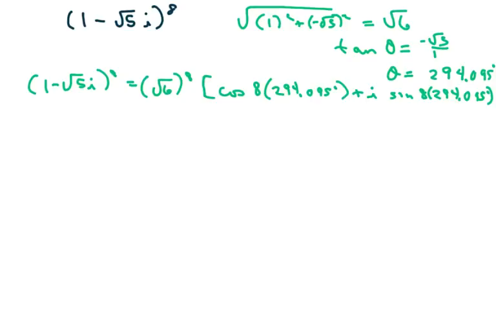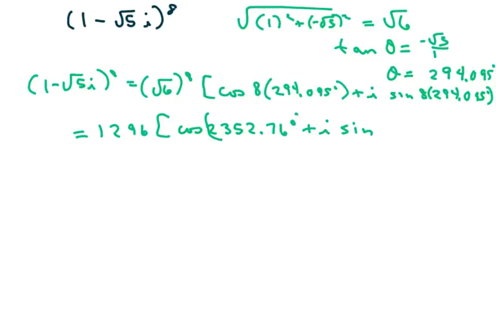All right, square root of 6 to the 8th equals 1,296, and if you multiply this out, you're going to get cosine of 2352.76 degrees plus i times sine of the same. Let me put this in parentheses: 2352.76 degrees.